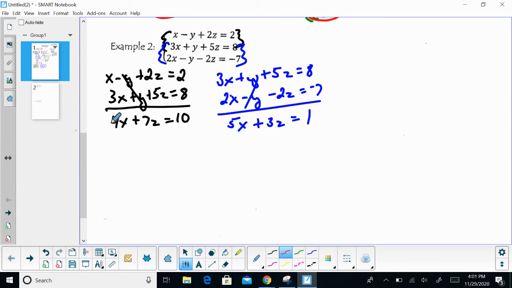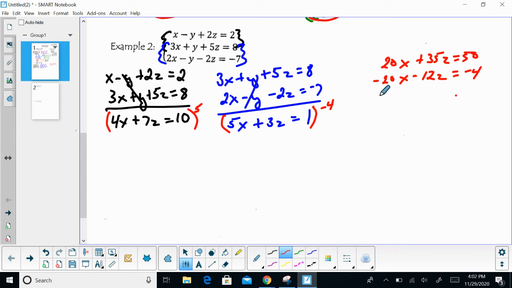So I'm going to get rid of my x, so we'll multiply this first equation by 5 and the second equation by -4, and that's going to get me opposite coefficients. So going ahead and doing that, I would have 20x plus 35z equals 50, and -20x minus 12z equals -4.